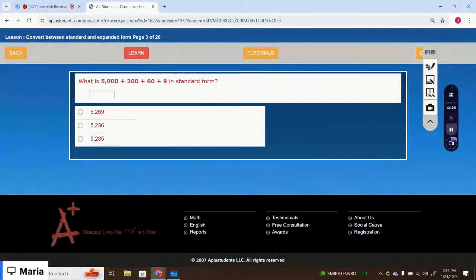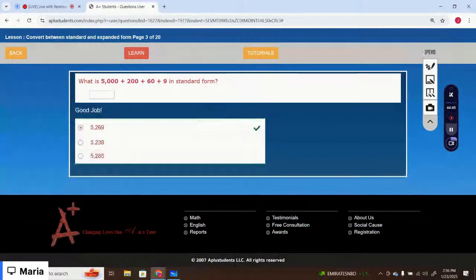What is 5,000 plus 200 plus 60 plus 9, which is the correct option? That is 5,269. Option number 1 is the correct option.